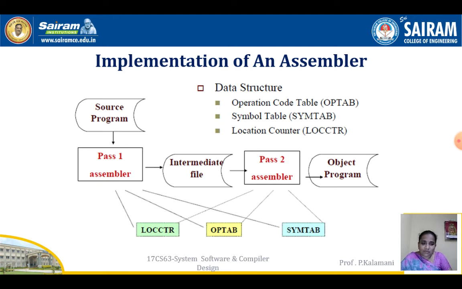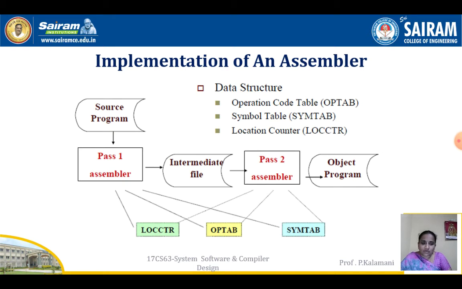The object program is stored in record formats: header record, text record and end record. If any modification is required during relocation, that is also specified in the modification record.